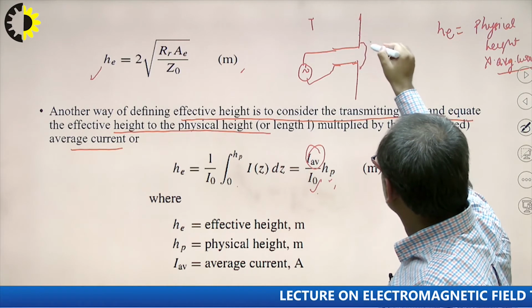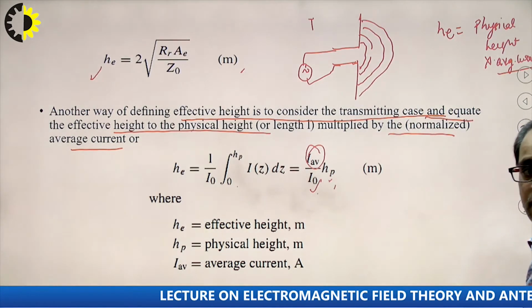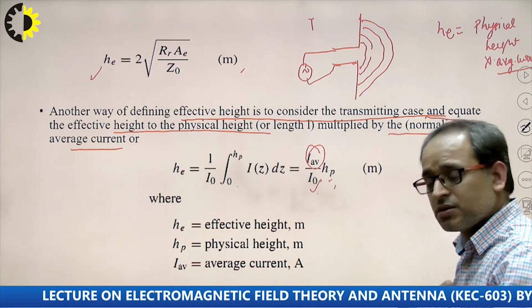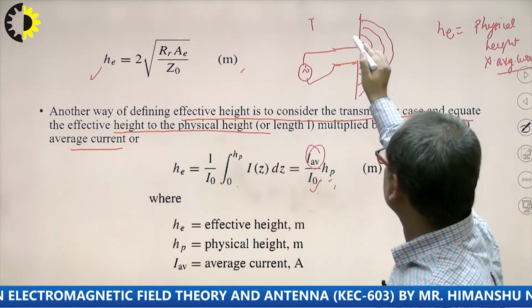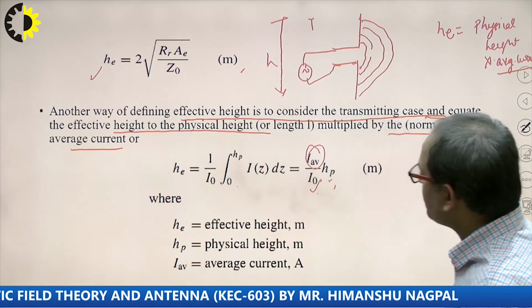If the current distribution is sinusoidal, then the effective height will be different, and if the current distribution is triangular, then the effective height will be different. This is its physical height. Clear?